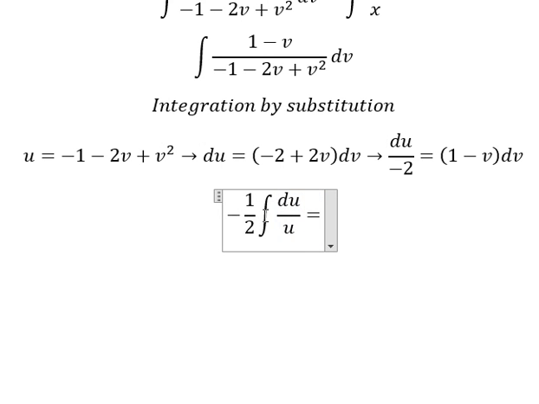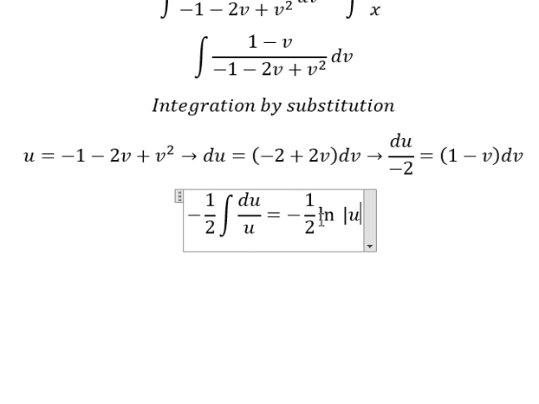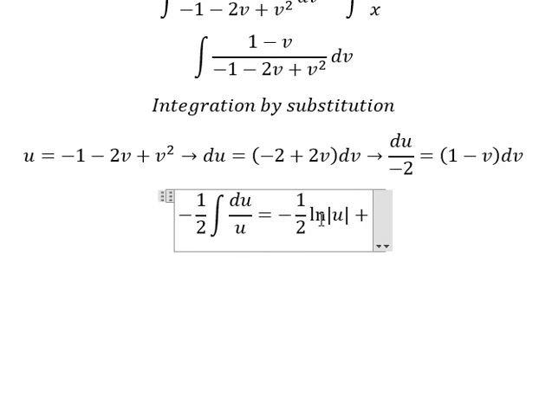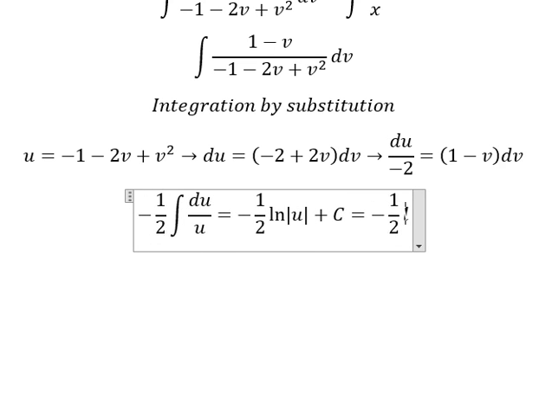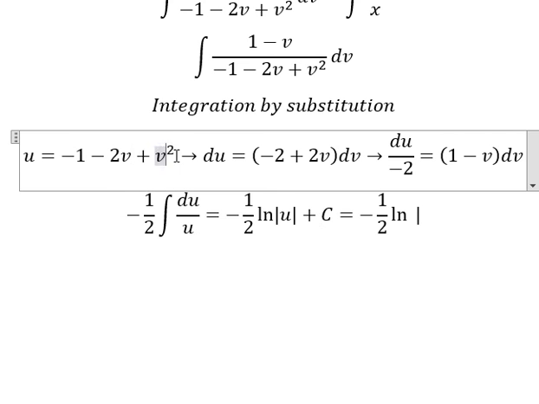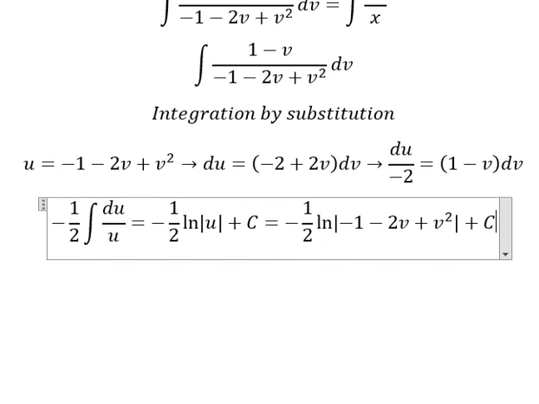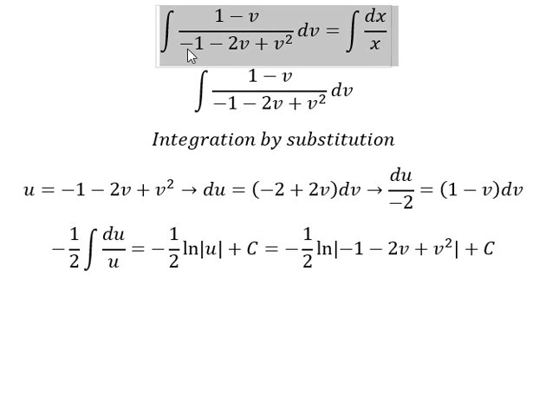So the integration of this one, that is Ln of the absolute value of u, and I will put c. About u, that is about this one. Now we go back in here.